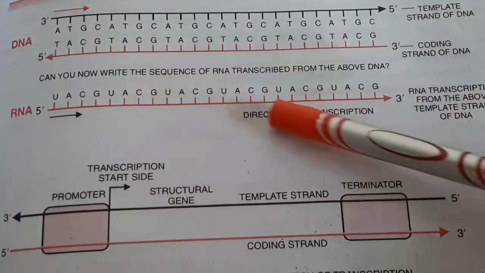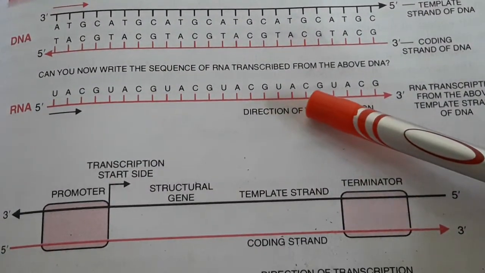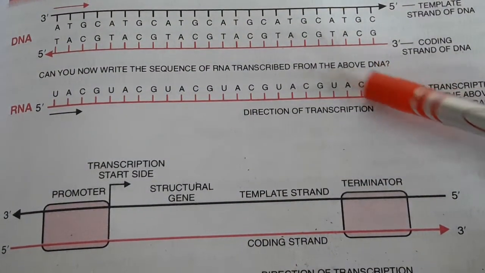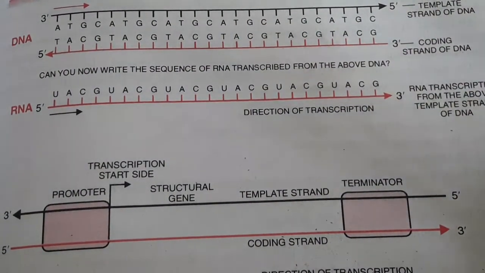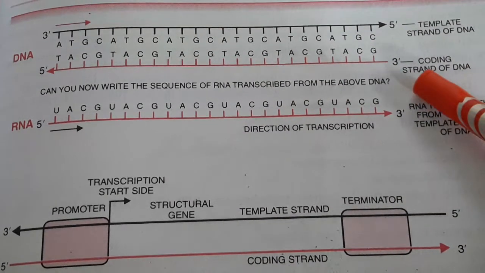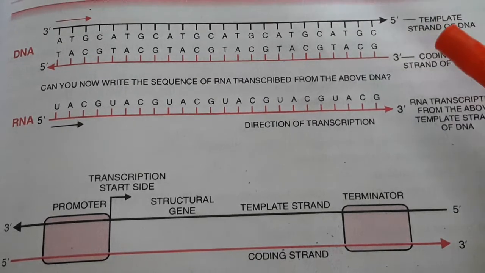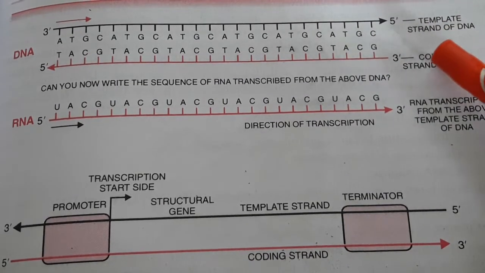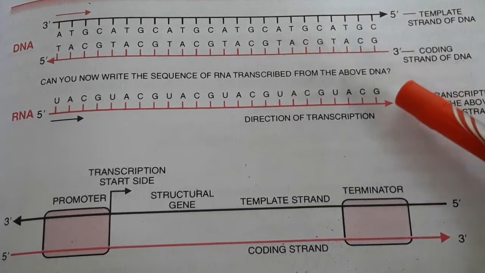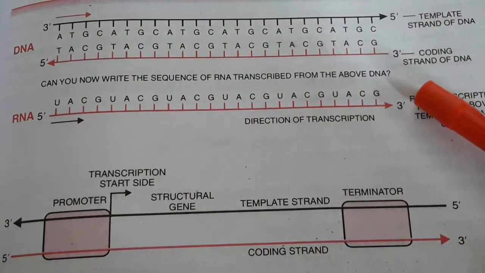And the other strand of the DNA with polarity 5' to 3', the antiparallel one, is complementary to the template strand, and this is known as the coding or the sense strand. So always remember the strand which directs the RNA synthesis is called the antisense strand, and the other one is the sense strand.